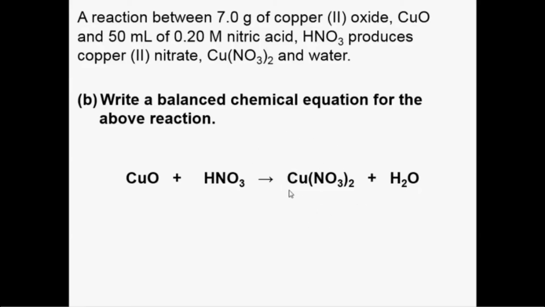There is 1 mole of copper here and 1 mole of copper here, balanced. Then nitrogen: there are 2 moles of nitrogen in copper 2 nitrate, but in nitric acid there is only 1 mole of nitrogen. So we must multiply nitric acid by 2 to balance the moles of nitrogen.